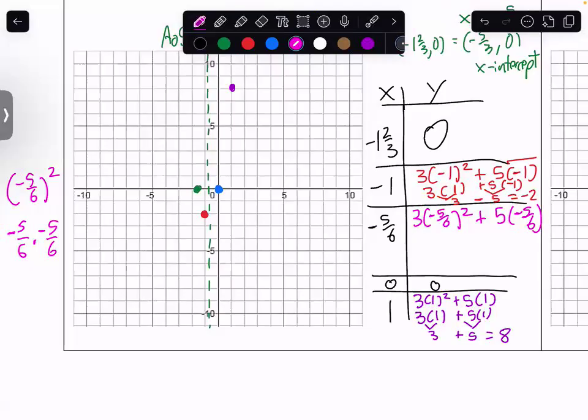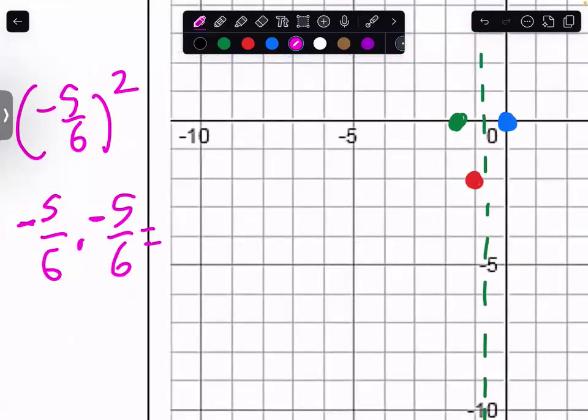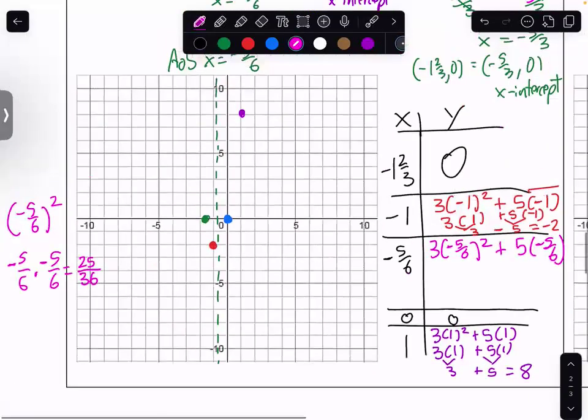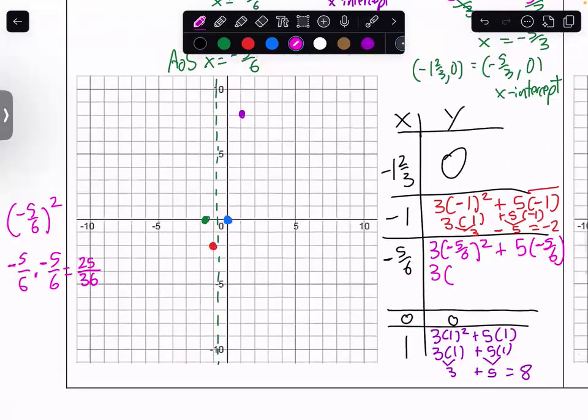When you multiply fractions, you just multiply straight across. Top times top, -5 times -5 is +25. And then denominator times denominator, 6 times 6 is 36. So again, keep the 3 in front, but the -5/6 all squared becomes +25/36.